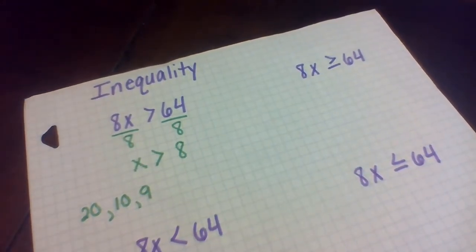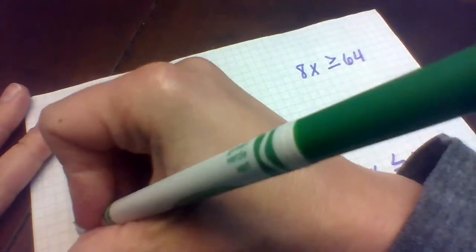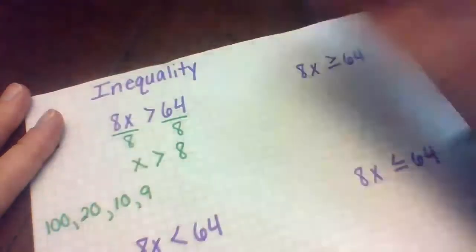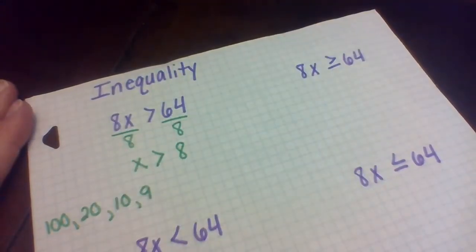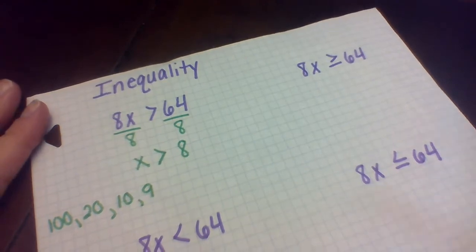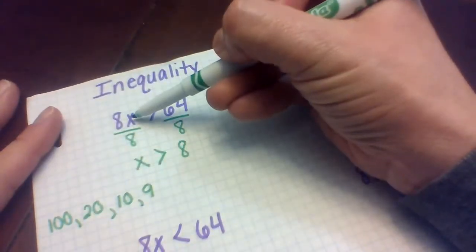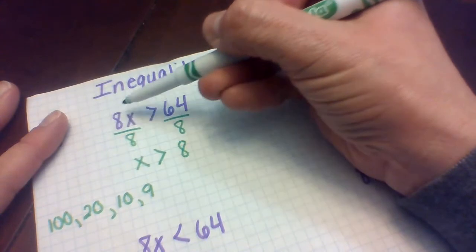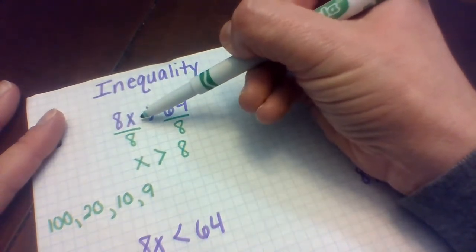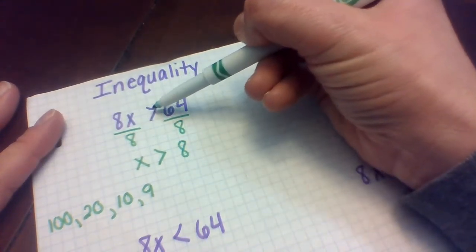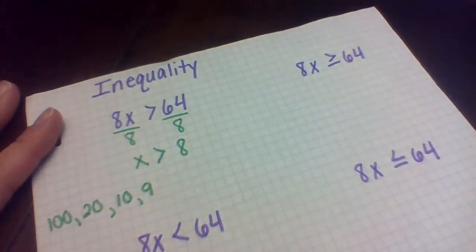And this is why it's said that it has an infinite amount of solutions, because I could even say something like 100, because 100 is greater than 8. And if I plug 100 back into my original equation, I can do 8 times 100 and say this is 800, and 800 is definitely greater than 64.